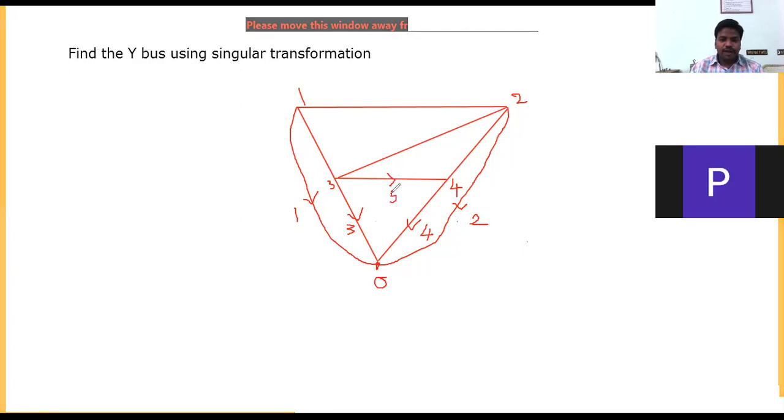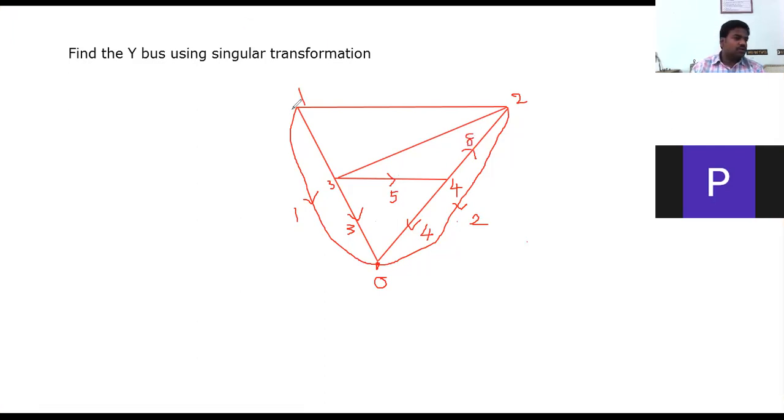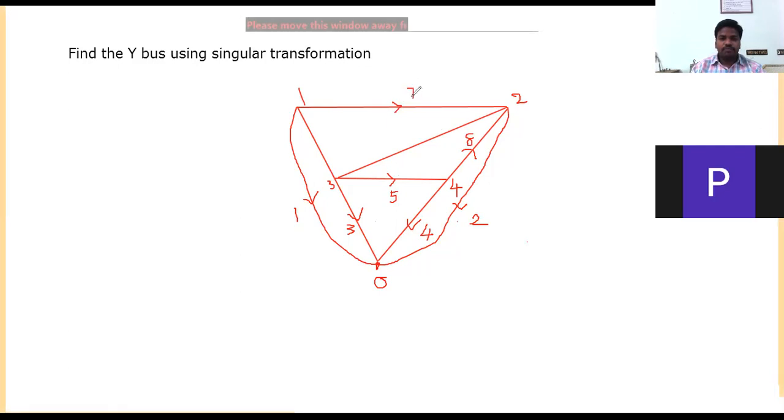So for the same graph, again, I'm going to draw the same here, just to understand this particular concept, right? Please make a note here. For this particular graph, you are asked to determine Y bus.